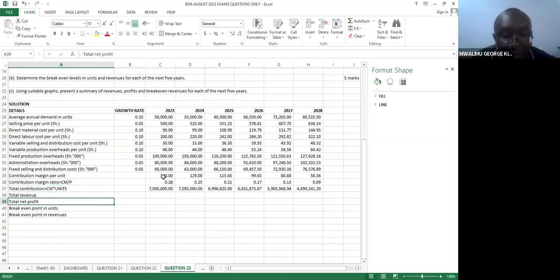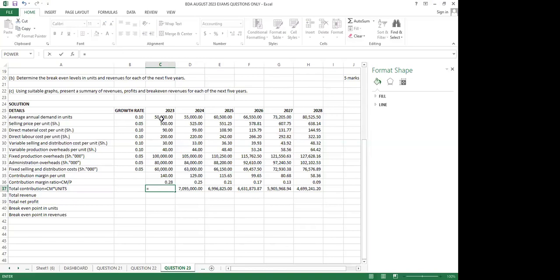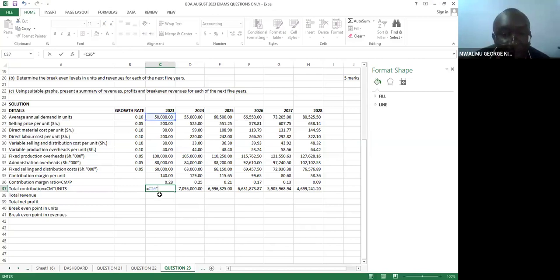So now you say this one is equal to, you take the units. I see the annual demand in units. Yes. So you say that one times the contribution margin per unit, this one.